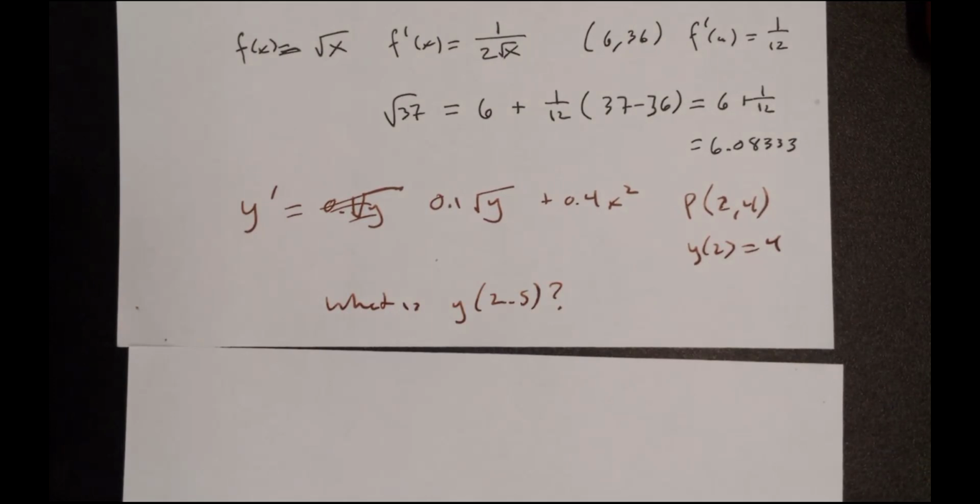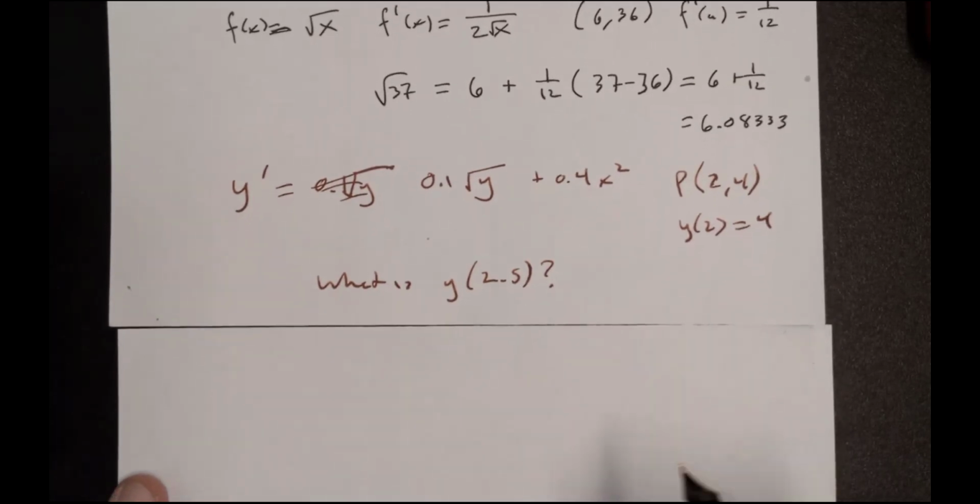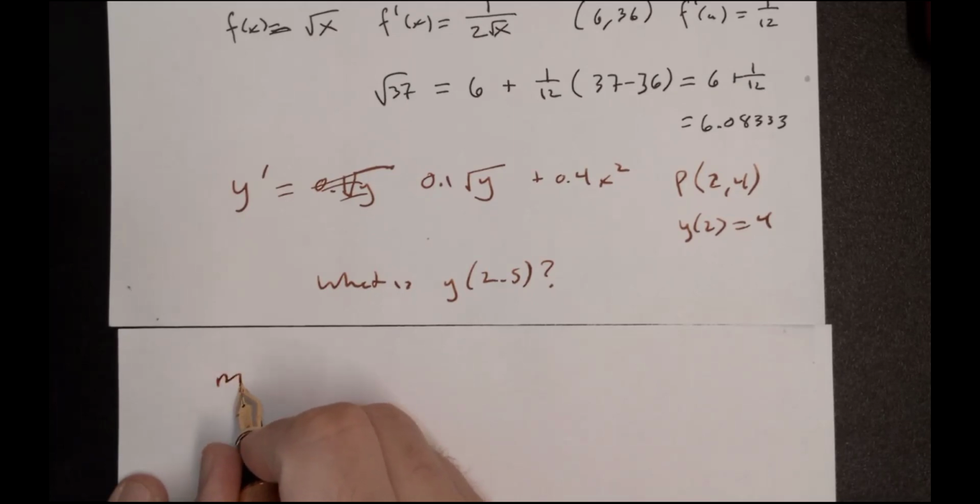Let's decide how many steps we're going to take to get from 2 to 2.5. I'm going to do it in one step. Well, what is the slope at the point P?